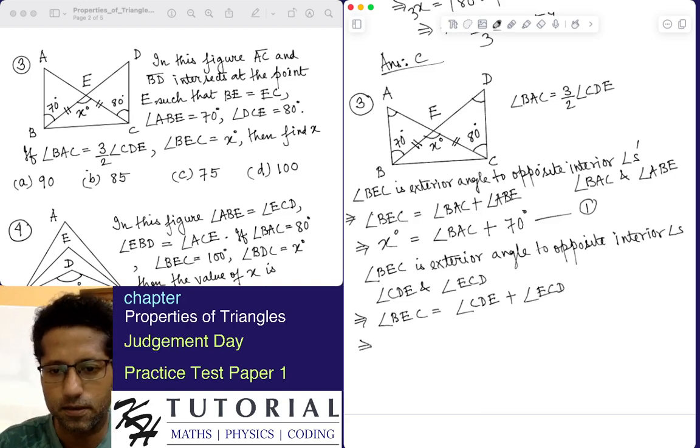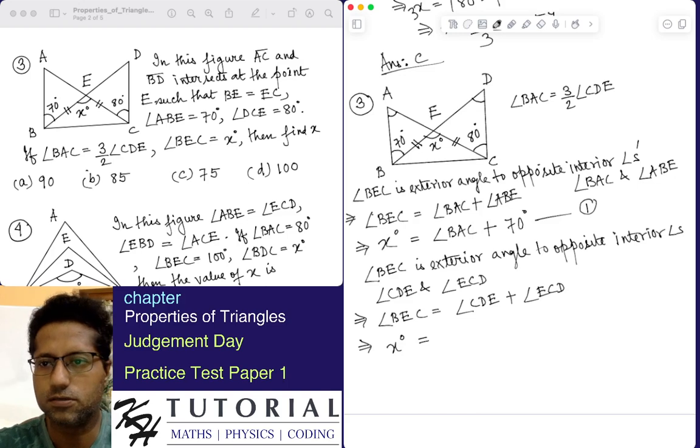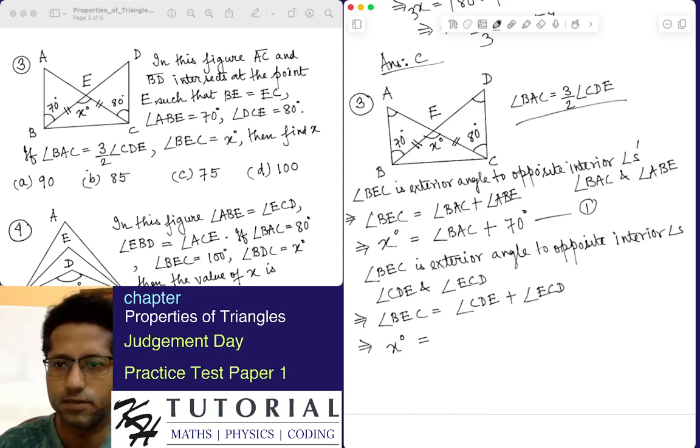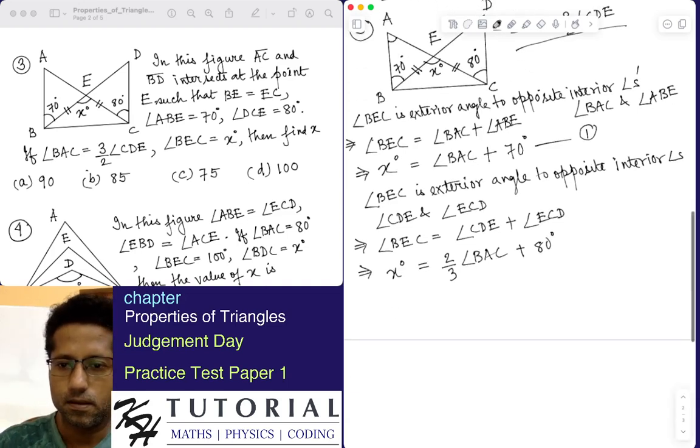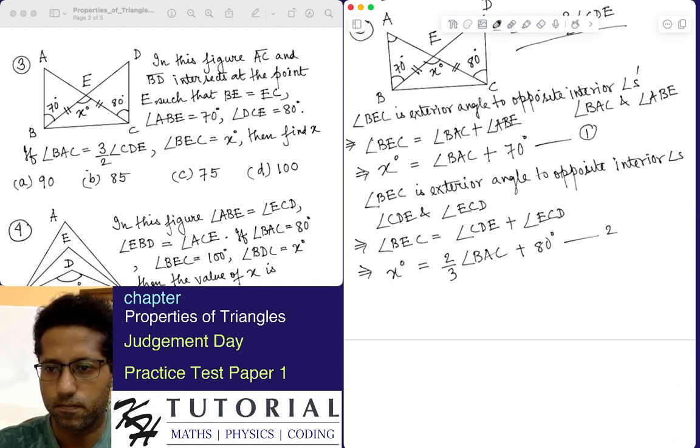So angle BEC is x degrees, and we have this relation, so from here we can say that angle CDE is equal to 2 by 3 angle BAC, plus angle ECD is given to be 80 degrees. Okay, now let's say this is equation 2.